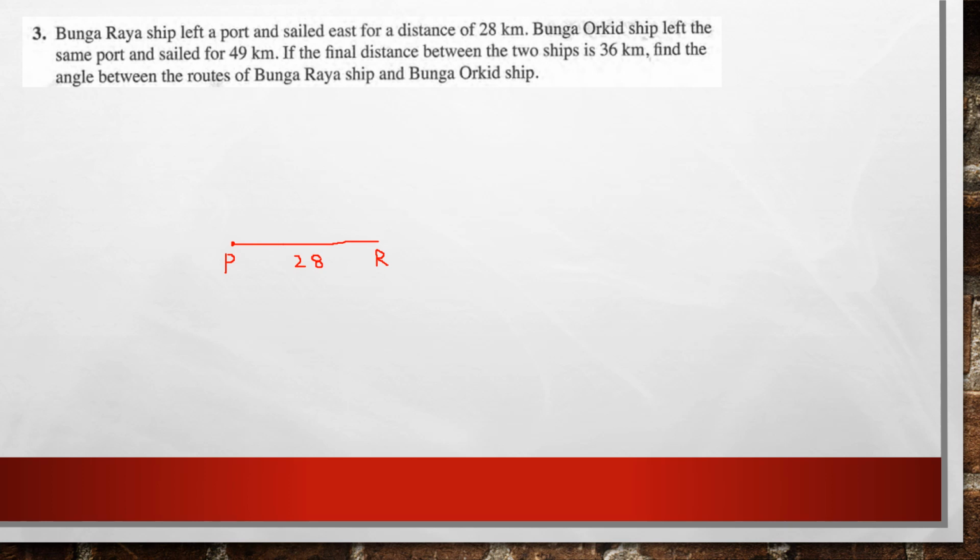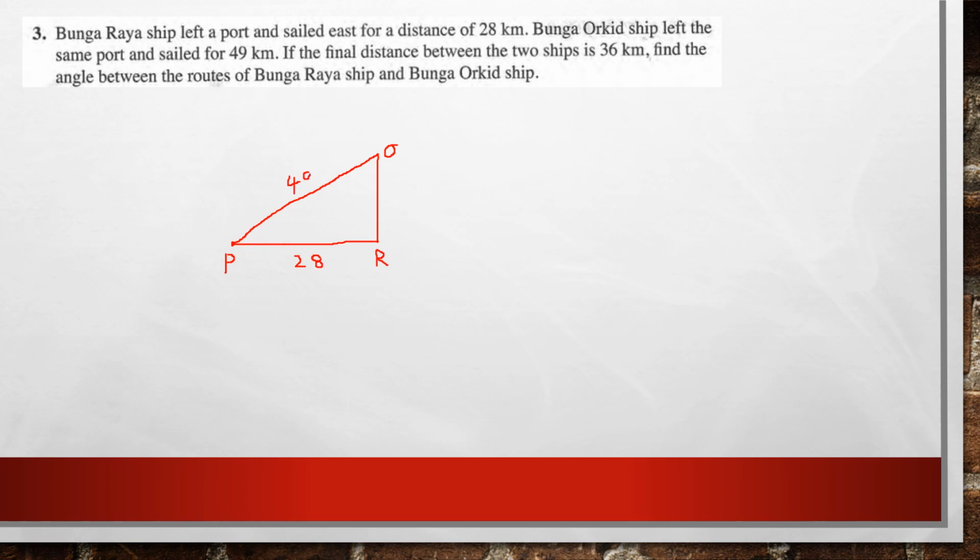The Orchid ship left the same port and sailed for 49 kilometers. Of course both cannot be in the same direction, because the final distance between the two ships is 36. That means this will be your Orchid. So the distance between the port and the Orchid is 49.